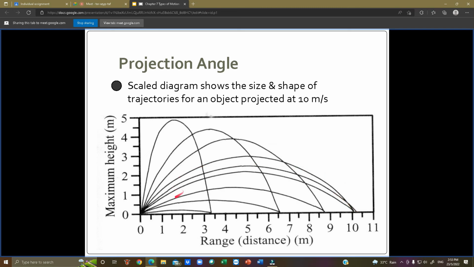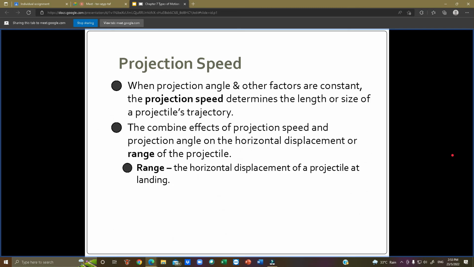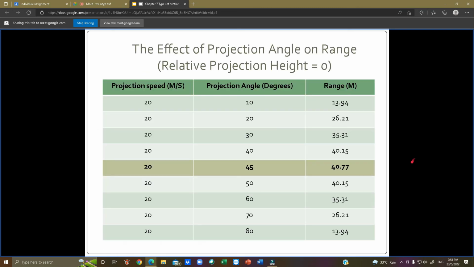Okay. So, what does this graph try to show you is the angle. Okay, the angle. And the longest one is actually 45 degree. Okay. So, mana dia buat ni? Dia buat ni. Kita tengok sini.